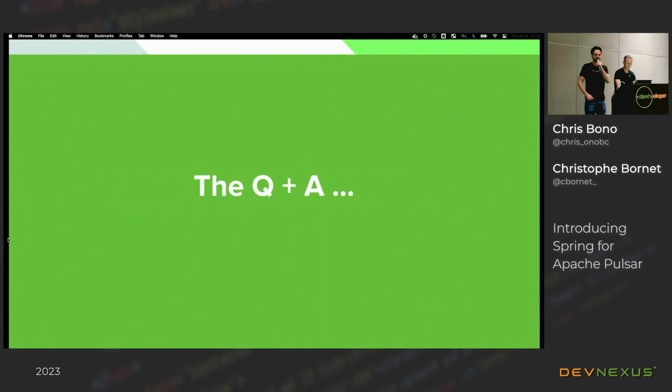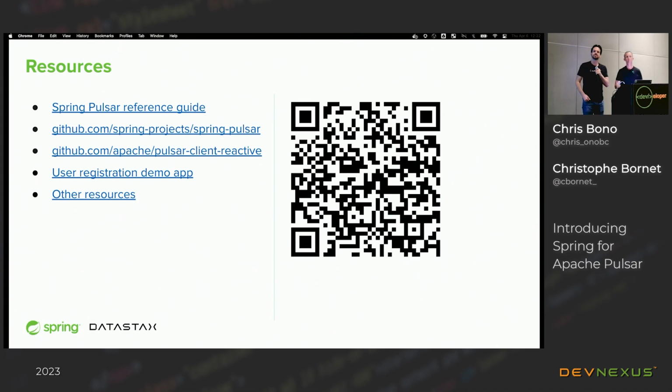Okay, and now if you have questions, yeah? Talking about the transaction support, does it stay within Pulsar itself, or can you conjoin a transaction with your database? Yeah. So the question is, will we be able to mix Pulsar transactions with other systems like the database, and distribute the transaction with the transactional annotation from Spring?